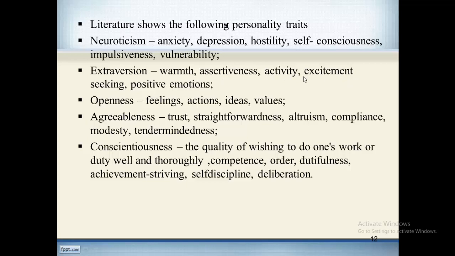They are excitement seeking. They feel excited when they get a challenge. They like challenges. They like targets. They like to work in a competitive environment. They have positive emotions. They always have positive thinking.